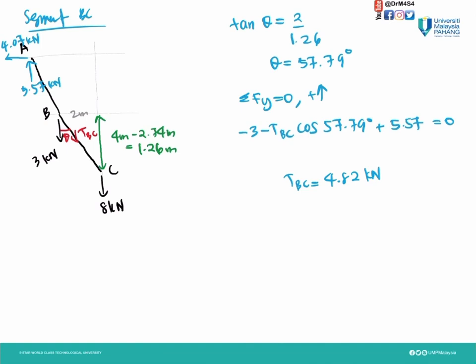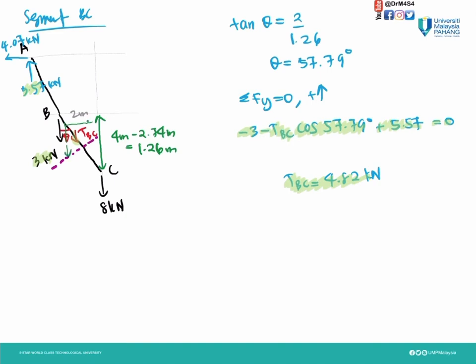Then we have negative 3 because it's going down, minus because this TBC is going down, so negative TBC in the Y direction, so cos 57.79, then plus 5.57 equal to 0. So we get our TBC is 4.82 kilonewton.